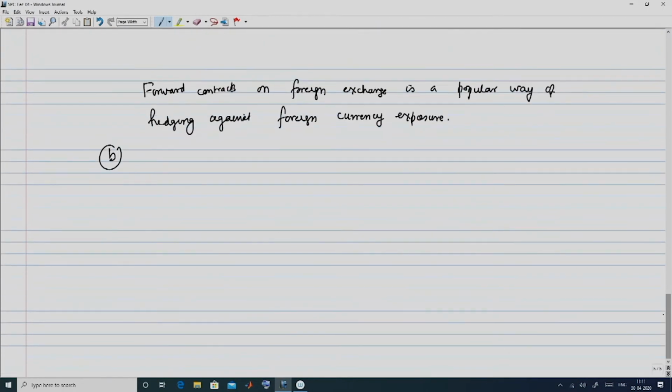So, the futures contract is very similar to a forward contract, with the only distinction being that it is traded on exchanges.